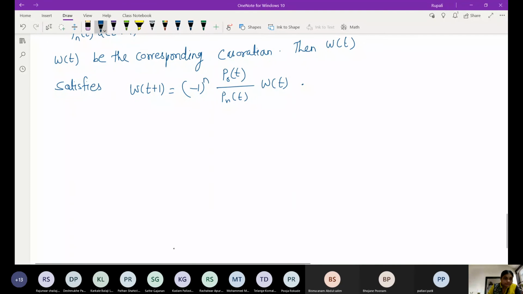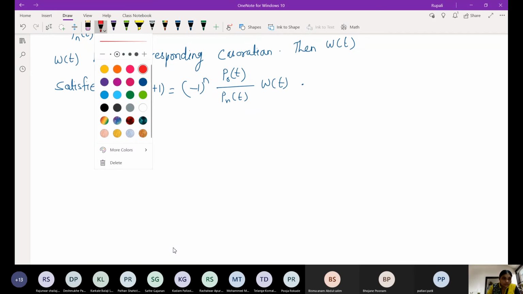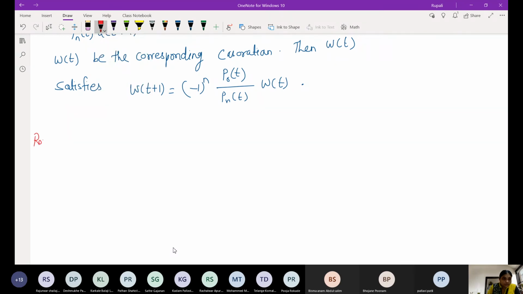So let me show you first for a second order equation, and then we will see for the nth order equation. Again, this is rough.